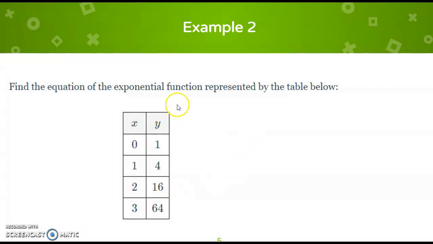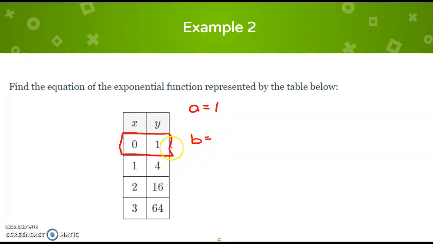So here I want to find the equation of the exponential function represented below. Remember, we still need 2 things. We need an initial value. We also need a growth rate, or a constant ratio when we're looking at a table. Our initial value is our y-intercept. So here we're looking where the x is 0, and our A is 1.